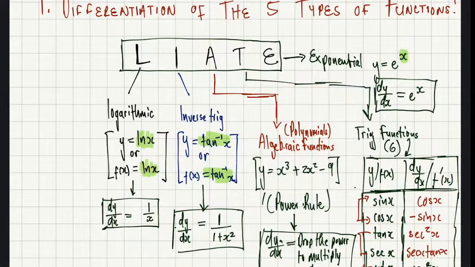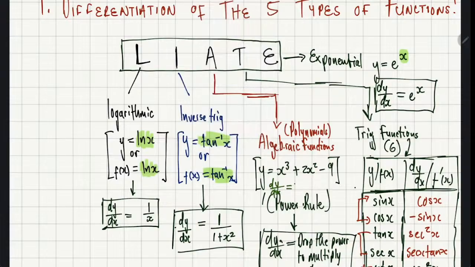You are going to be given all these 5 types of functions and their derivatives. They'll skip polynomials because polynomials, you know that you drop the power, reduce it by 1. In this case, if it's for here, dy dx would be: drop the power. So here is 3, you drop it, it comes down. Then you reduce the power. It was x to the 3, it becomes x to the 2.